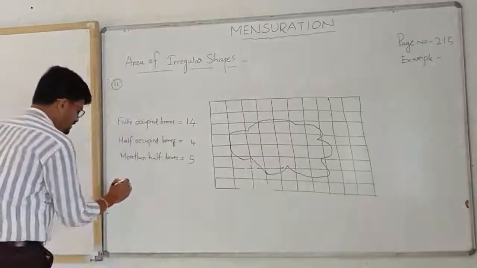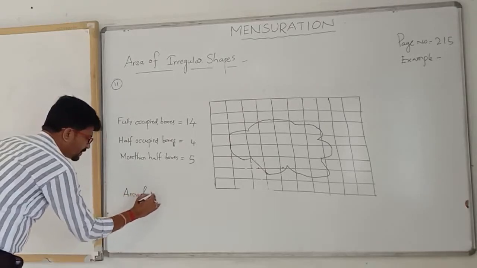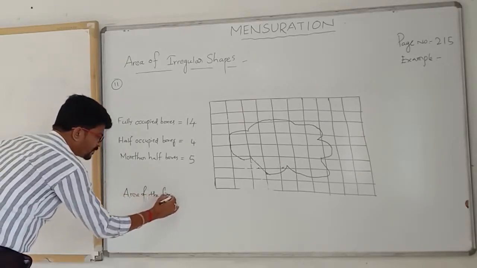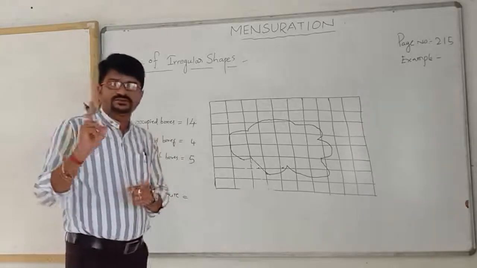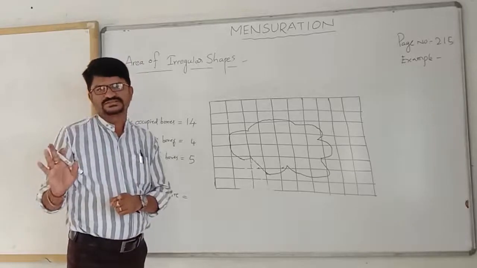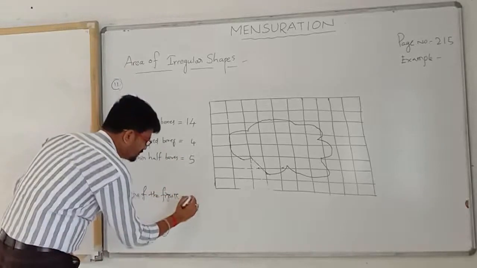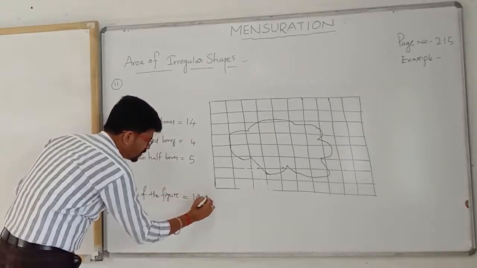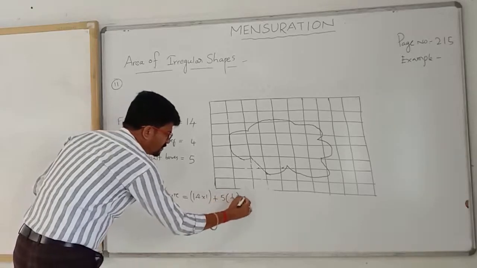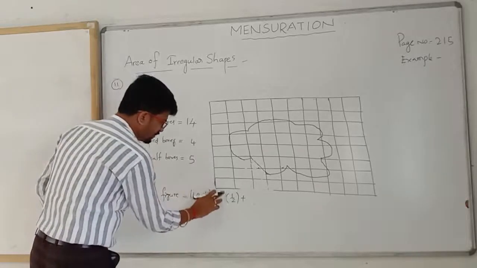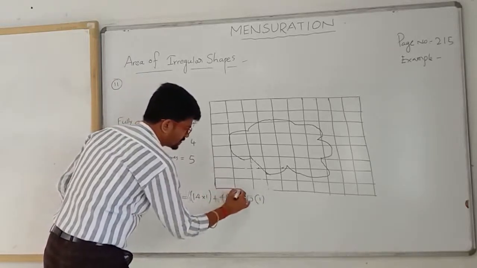Now calculate the area of the figure. Area of the figure is equal to: more than half boxes should also be considered 1 square unit boxes, and complete boxes are 1 square unit boxes. That is why 14 into 1 plus 4 into half plus 5 into 1.